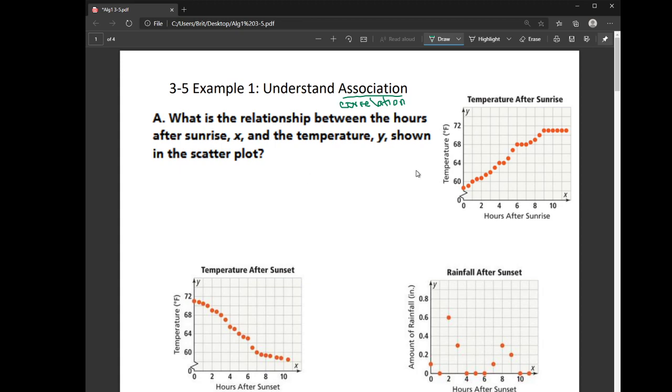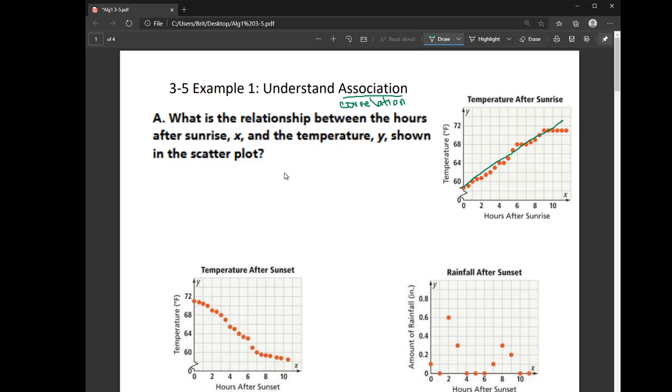So in this first example, it says, what is the relationship between the hours after sunrise, which is x, and the temperature, which is y? And so if you look at this graph, you could see that there's kind of an upward bound, right? If I very roughly draw in a line here, could probably do a little better than that. Most of the points on here sit kind of around that line, don't they?